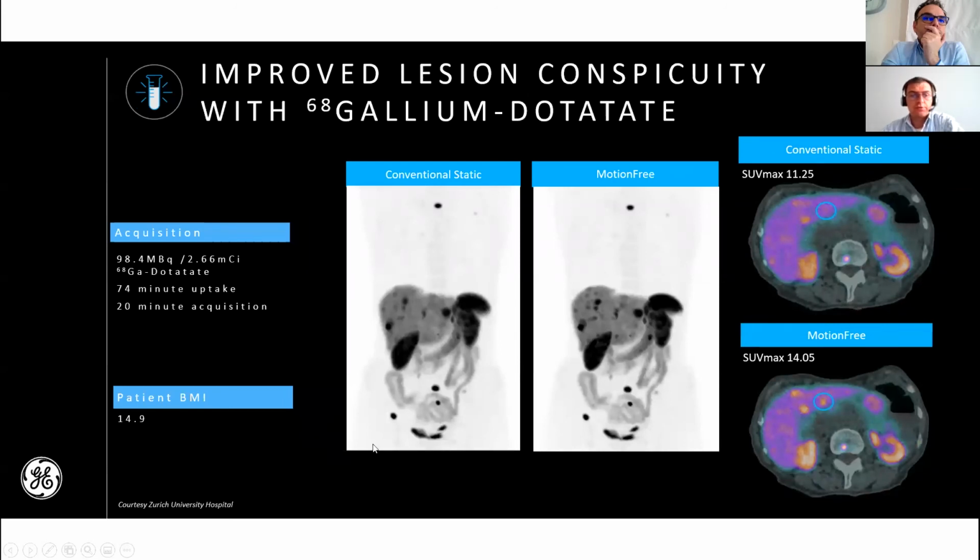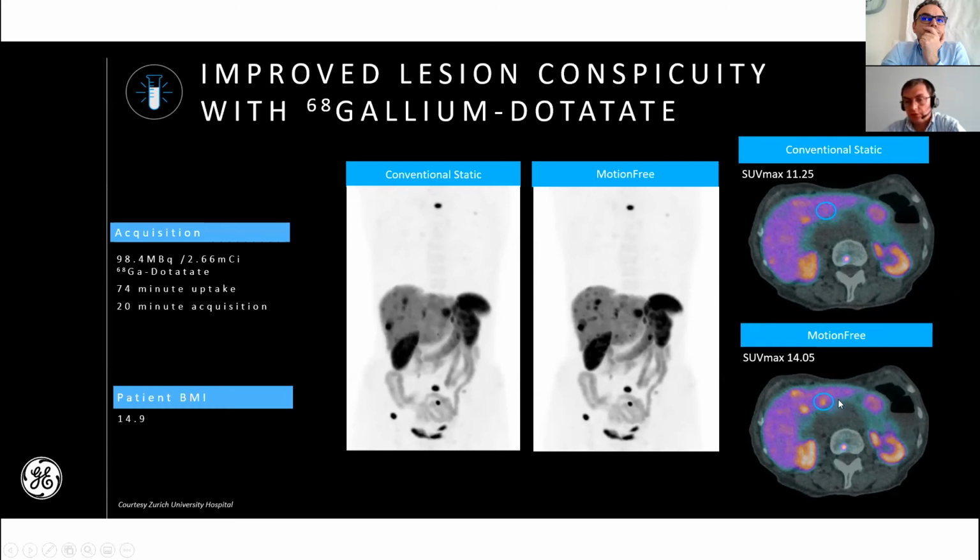Another example is related to gallium studies, gallium DOTATATE, where these images are really comparing night to day, especially in the liver part, as there are many lesions seen here on the conventional image, but with motion-free, we could see them more clearly, and also new lesions are appearing.